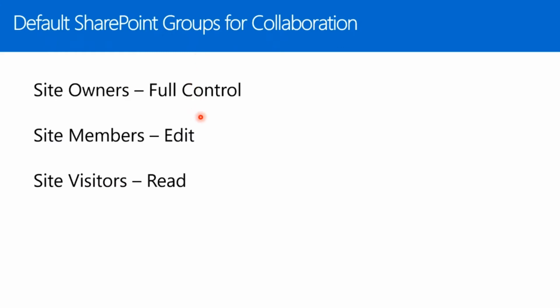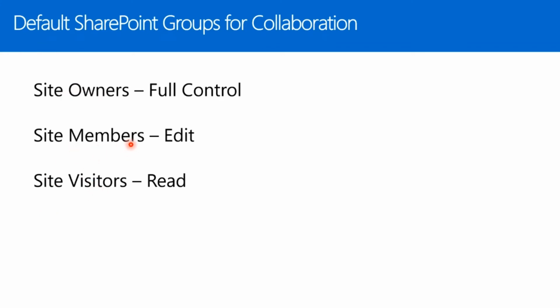They can work with the permissions of the SharePoint site, which members and visitors cannot. They can add multiple additional web parts, or even control the navigation and add new navigation controls. All of that can be done by site owners, but not by members or visitors.